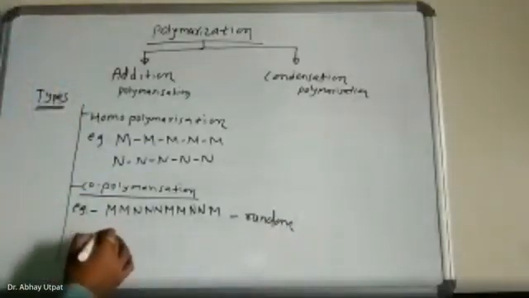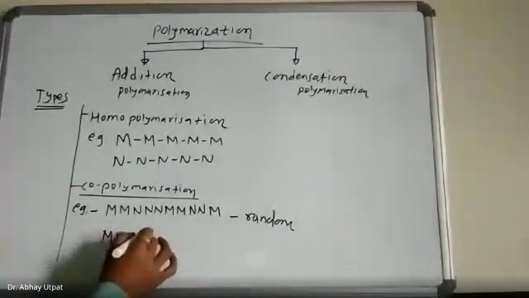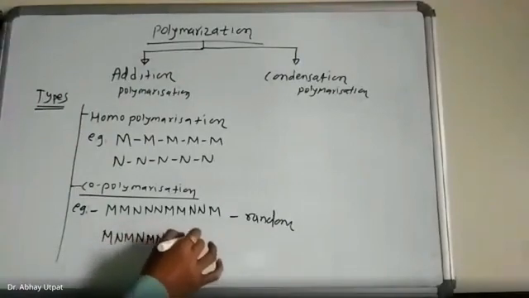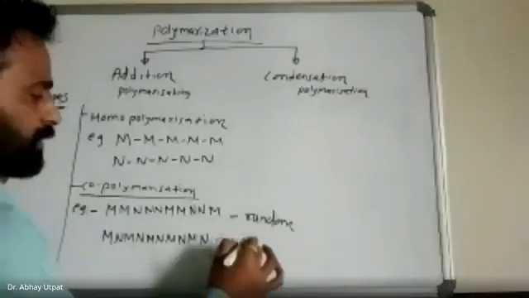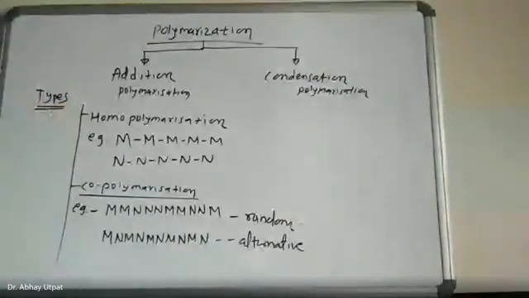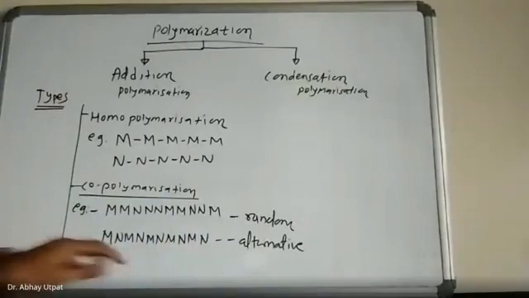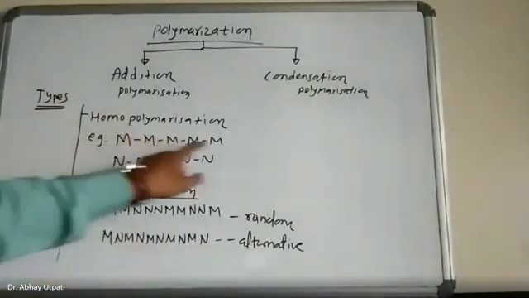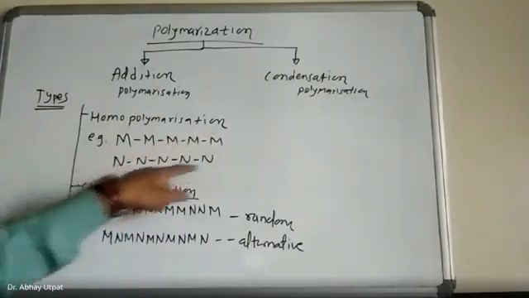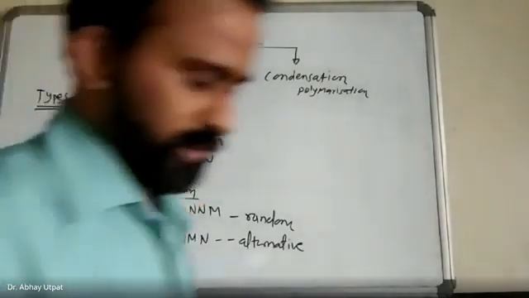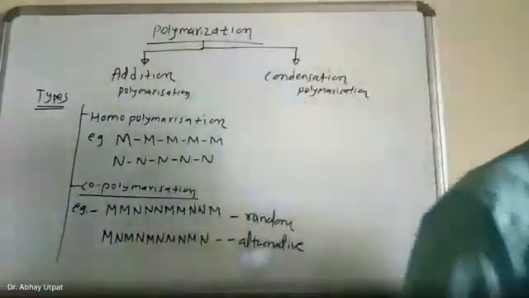M, N. It is an alternative chain. So this is a random chain, this is an alternative chain. Homopolymerization means a single unit, M or N. Copolymerization means two elements are joined together, either alternatively or randomly.